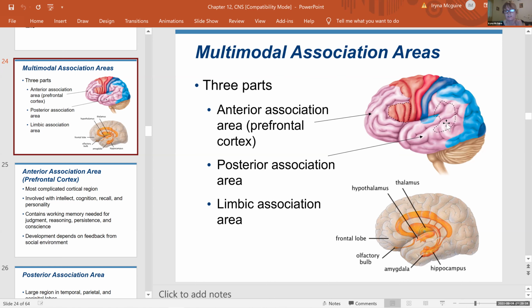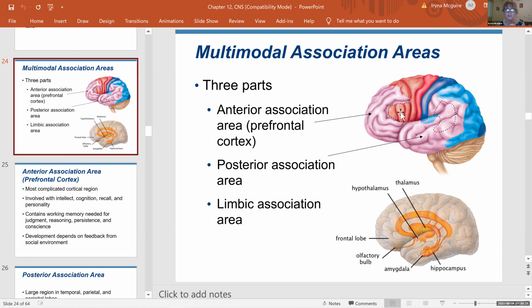Broca's area and Wernicke's area are found in only one hemisphere, usually the left, so they're not symmetrical. If somebody has a stroke in Wernicke's area, this person would have problems understanding when somebody is talking to them, or understanding written language.